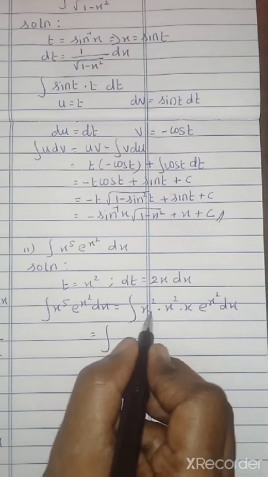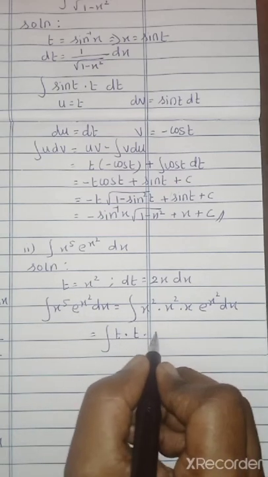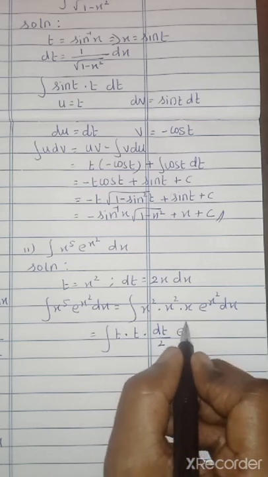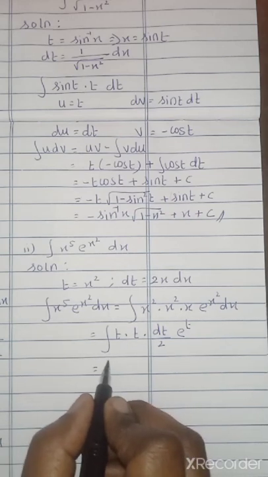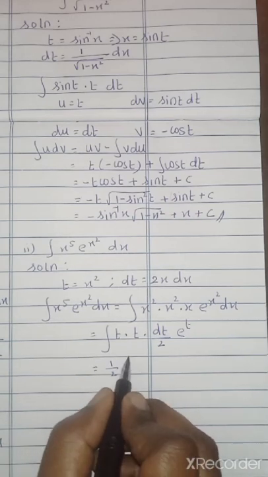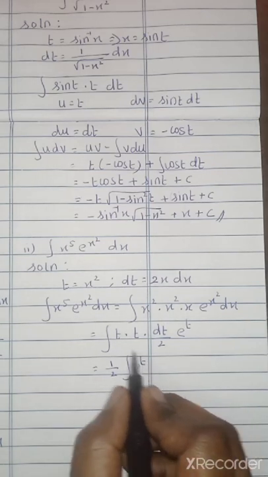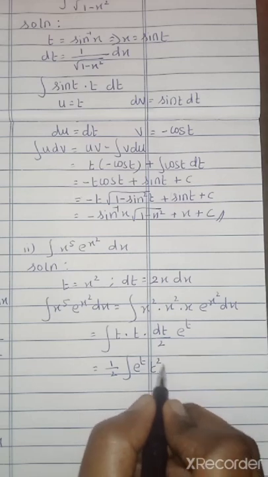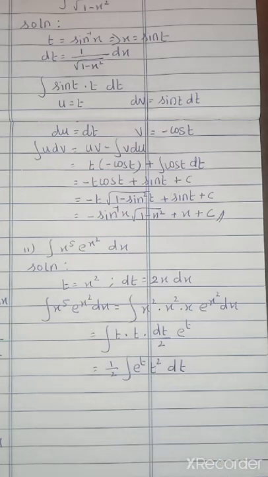That is integral, instead of this we can substitute t into t into dt by 2 into e power t. This one again we can write as 1 by 2, we can take outside, e power t, t into t is t square dt.